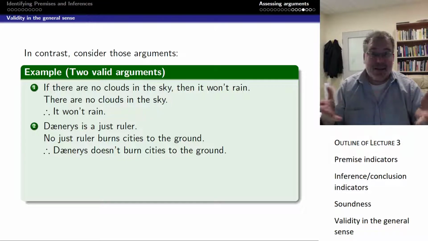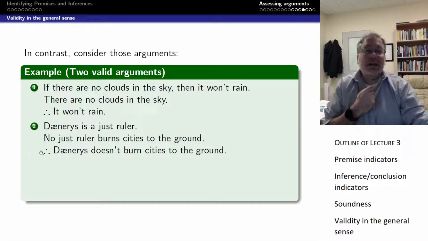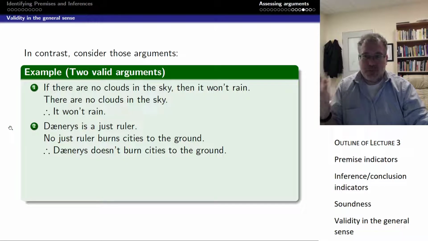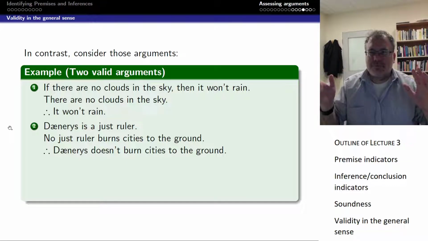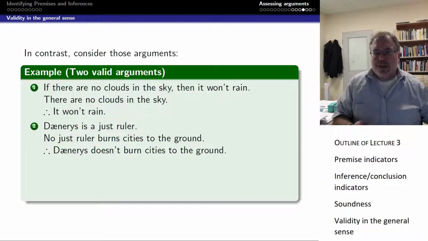Because it's not asking you whether the premises are true. It's just asking about the connection between the premises and the conclusion. And as you see, there is a very strong connection between the premises and the conclusion. So this is why I take an example from something you might not have seen, because if you haven't seen it, well, go watch it, I should say.